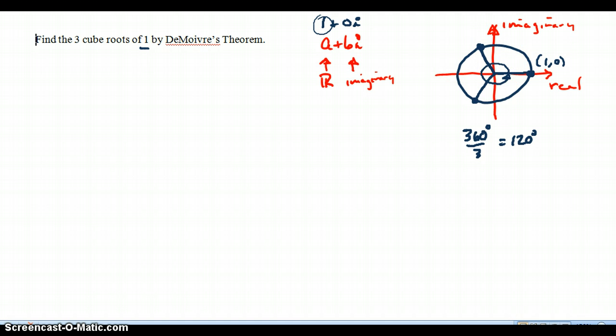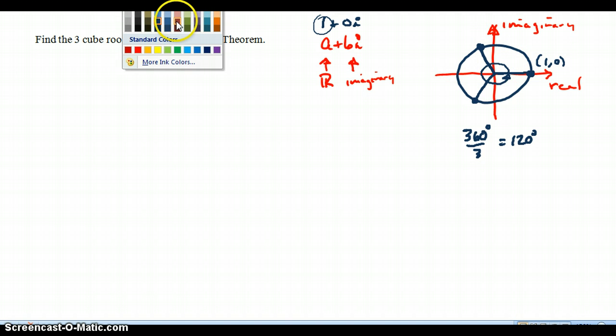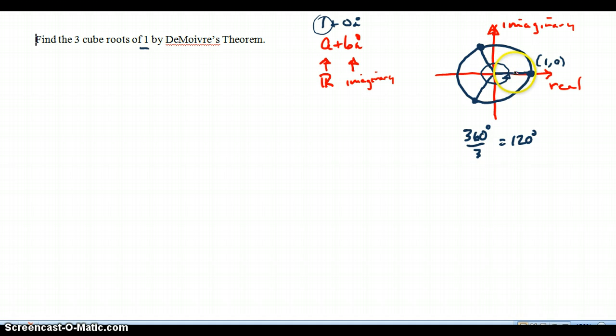So this rotation is 120 degrees, and the other rotation, going around to the second one, is 240 degrees. And going one time around and landing right on that one is 360 degrees.